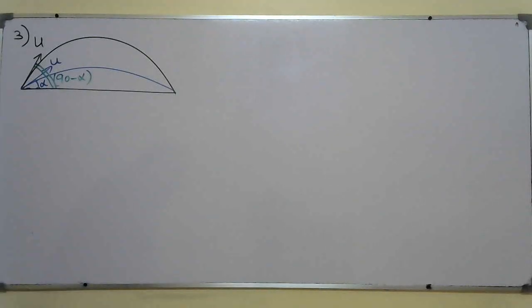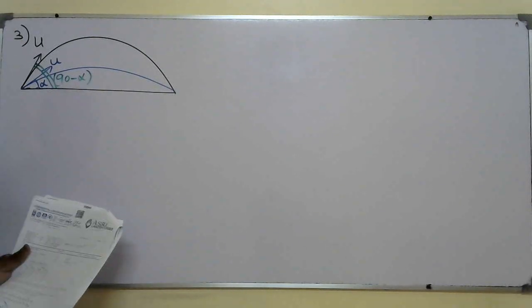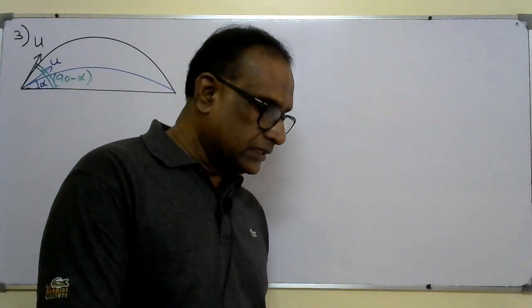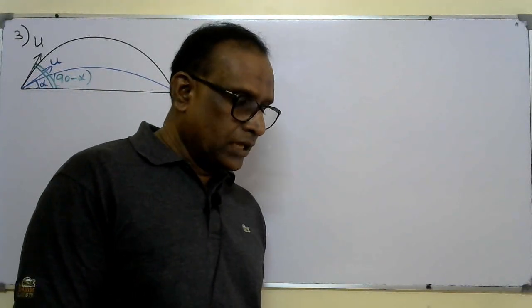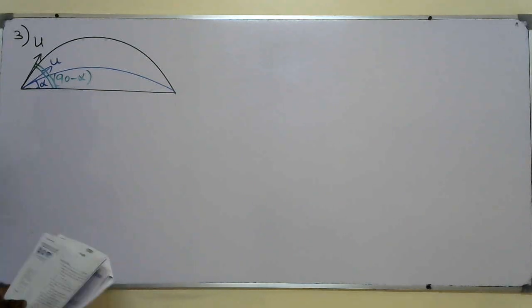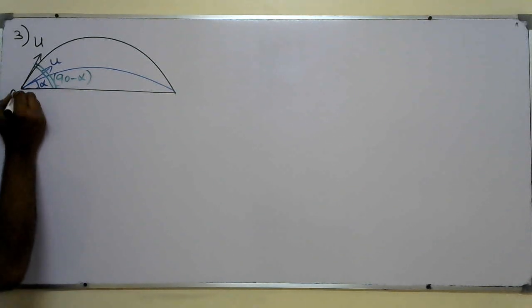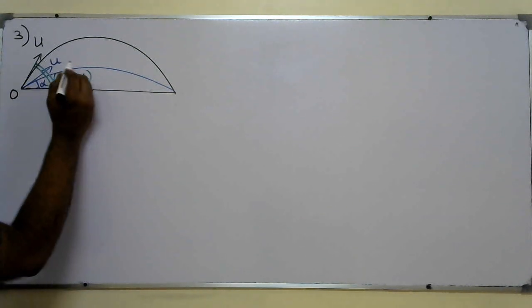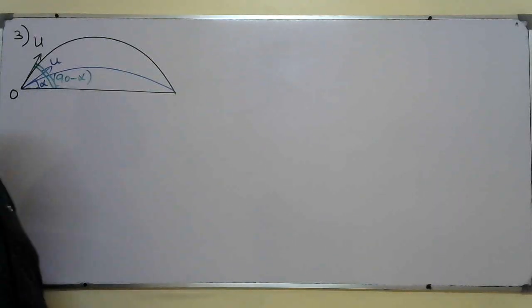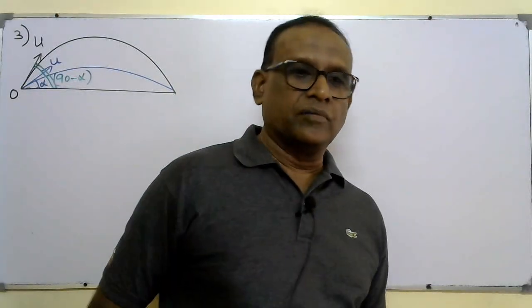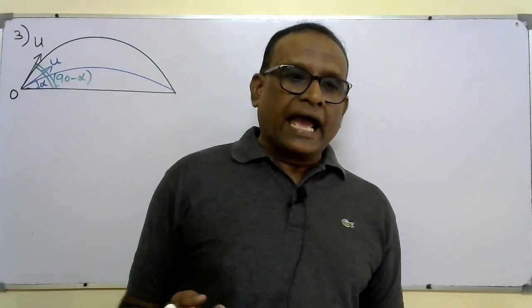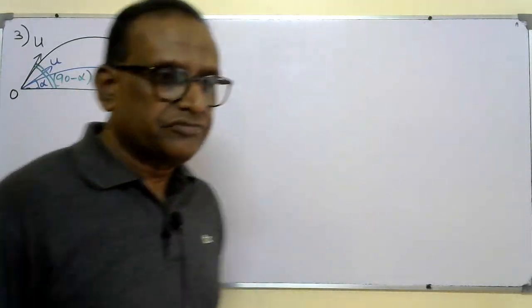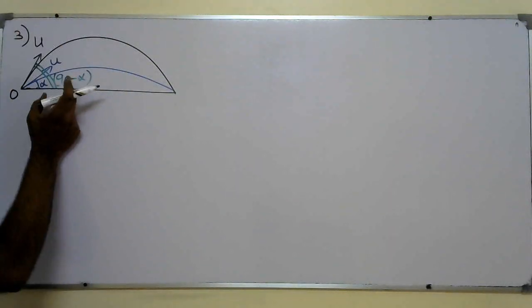Both particles are projected from point O, the initial point. The blue path indicates particle P, the black path particle Q. The angle of elevation of P is alpha, and of Q is 90 minus alpha.